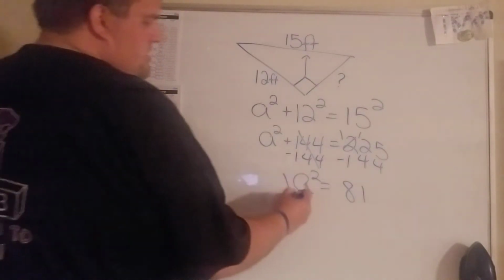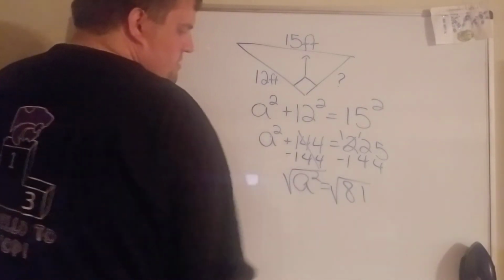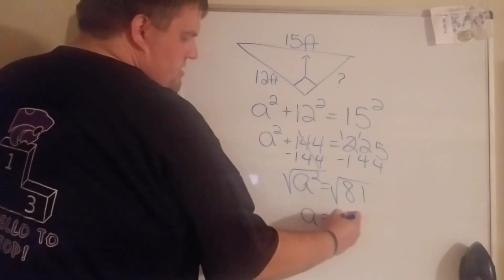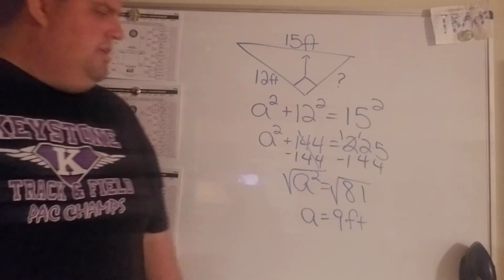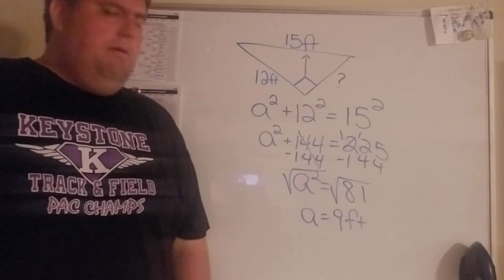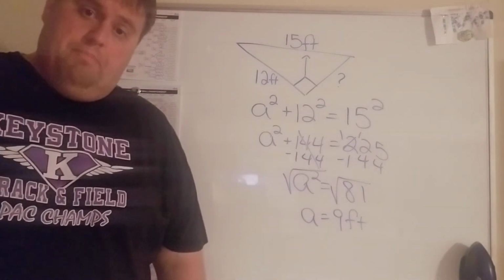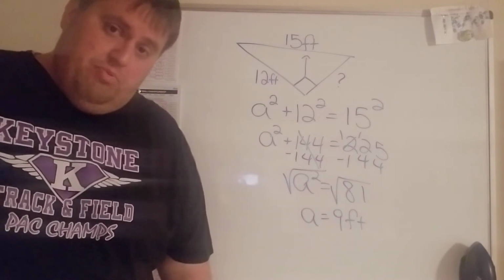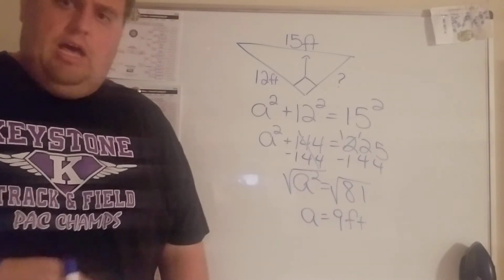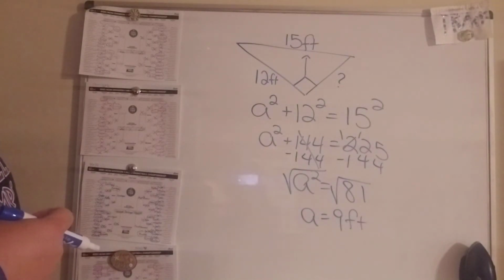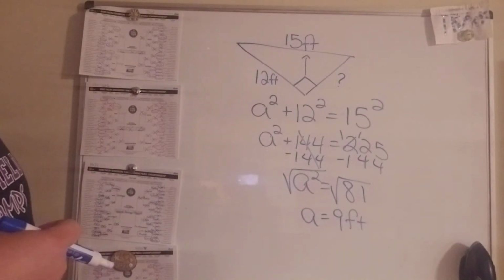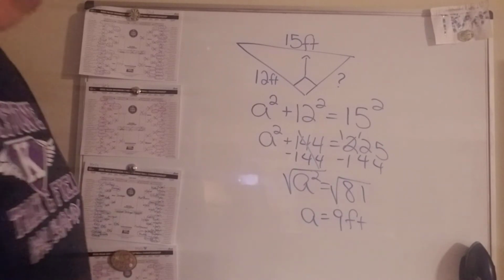And then when we take the square root, a is going to be 9 feet. Yeah, how about that? So that's a little bit different. Pretty much the same steps, but definitely some stuff you want to check out. If we don't know a leg, we've got to do that subtraction part in there.